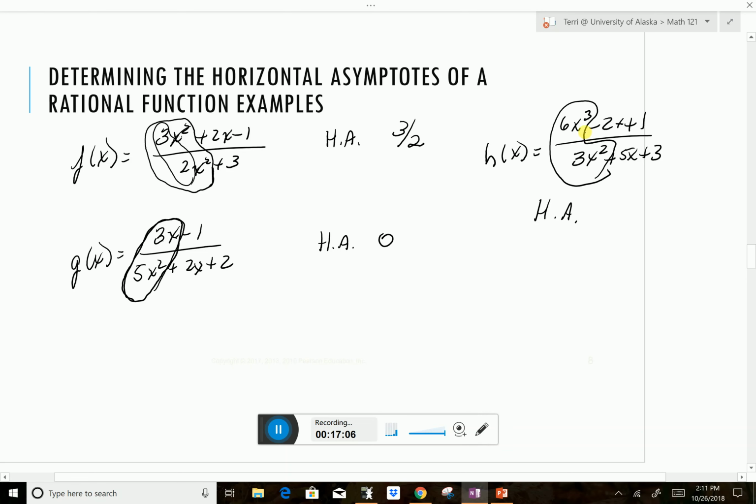And once x gets really big, this is just going to go toward, well, the 2x. So as x gets bigger and bigger, y is just going to get closer and closer to 2x, which is just going to get bigger and bigger. So we don't have a horizontal asymptote. Y just goes out to infinity or negative infinity.